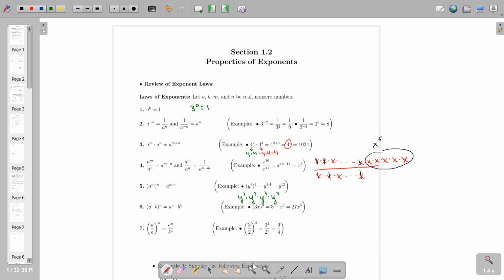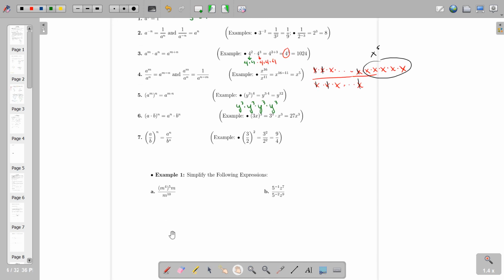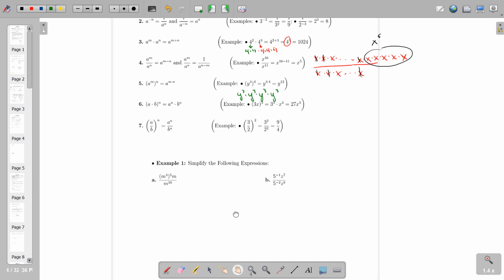Multiplication. And then these last two here, if you have two things multiplied together, all raised to the same power, you can raise them to the power separately and then multiply. Same thing with division. So we can put all this together to simplify exponential expressions.